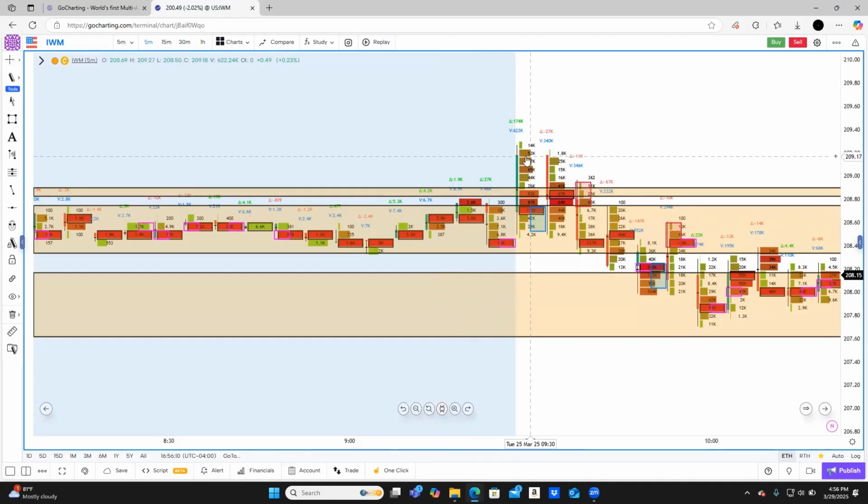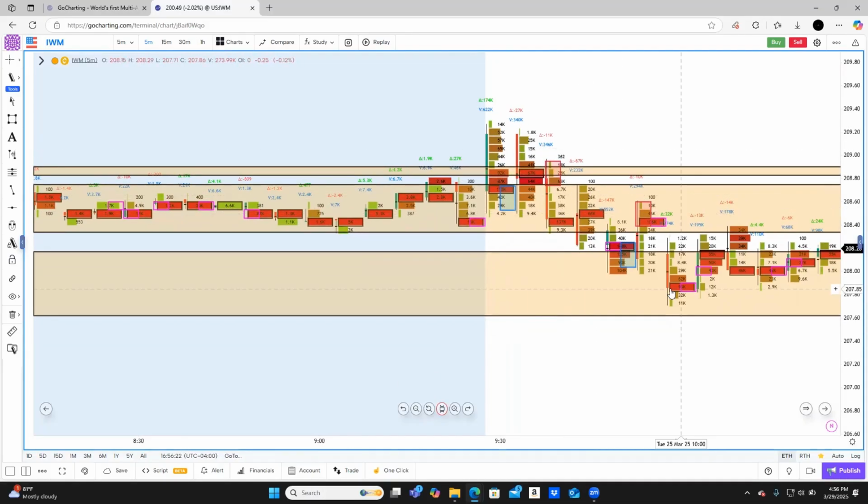Maybe you can argue that it took out some stops, right? Because the market knows where your stops are, and then faded all the way down from that value area down. So all of that would have been an opportunity to fade the market. Hopefully you all are able to see that. Let's do another example.